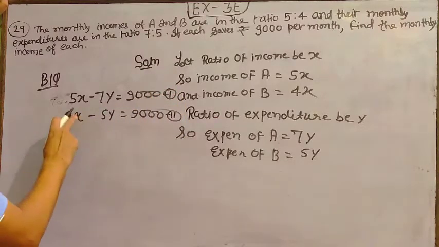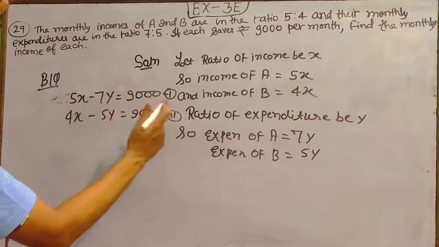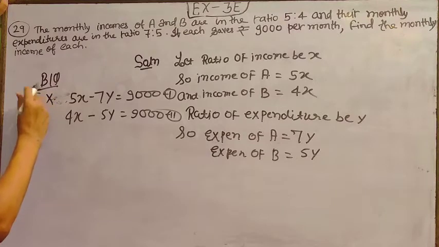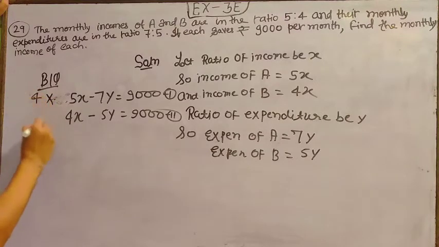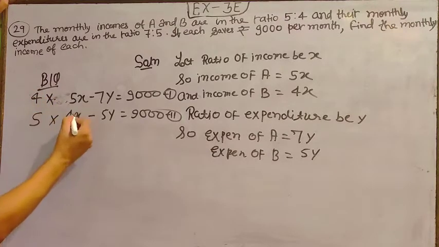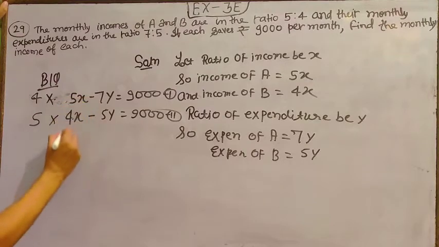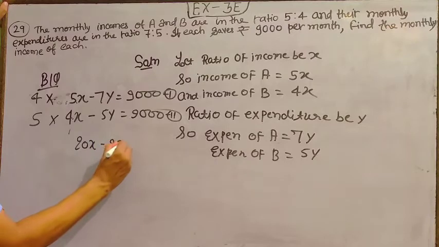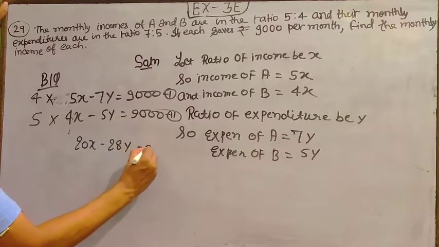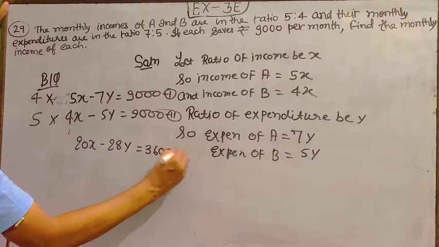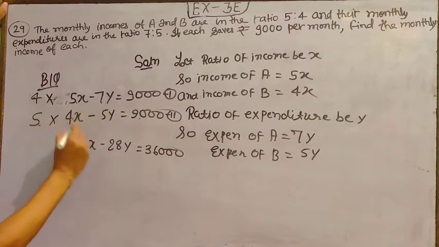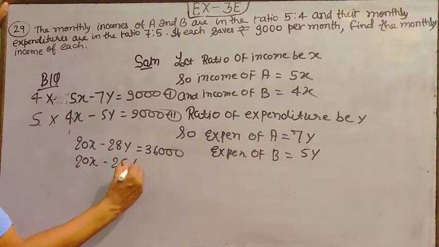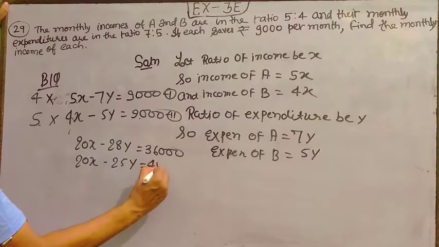Dear students, we will eliminate x. This is 5 and this is 4. So you multiply this equation by 4 and that equation by 5. The coefficients of this are 5 and 4. So we get here 20x minus 28y is equal to 36,000. And here multiplying by 5, that is 20x minus 25y is equal to 45,000.